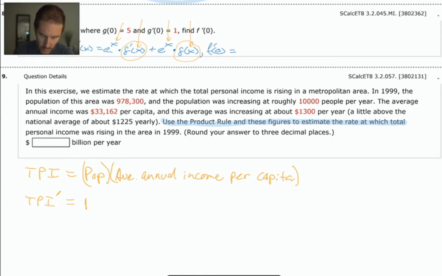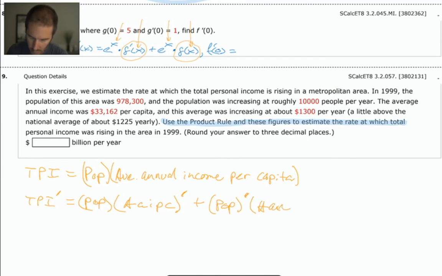We're going to need to keep the population value and then multiply by the derivative of average annual income per capita, plus, and then we'll take the derivative of population and multiply that by average annual income per capita.